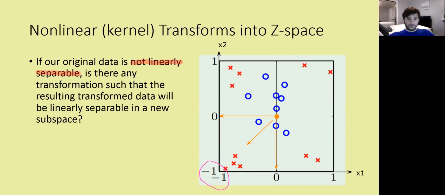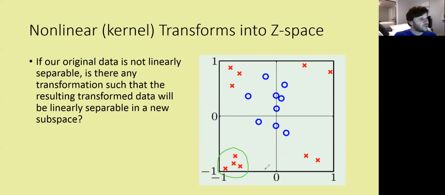So if you look, for example, at the observations down here in the very bottom left, they have negative x values and negative y values.